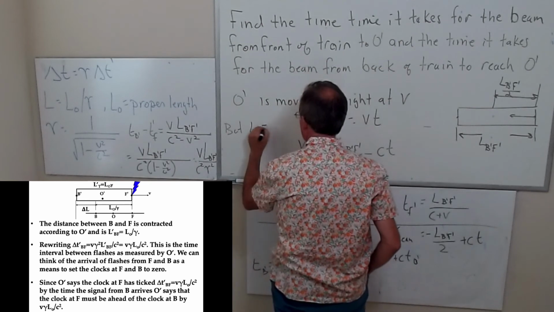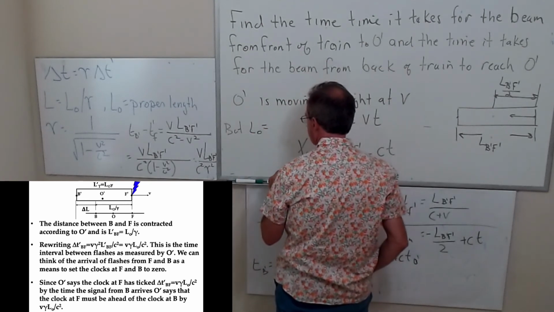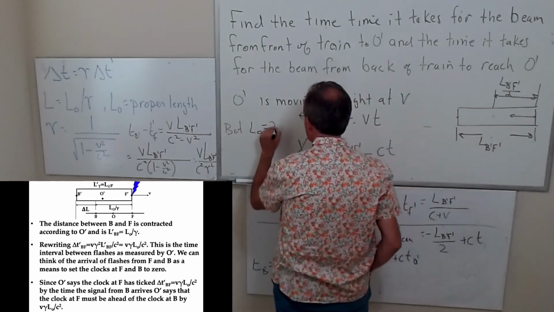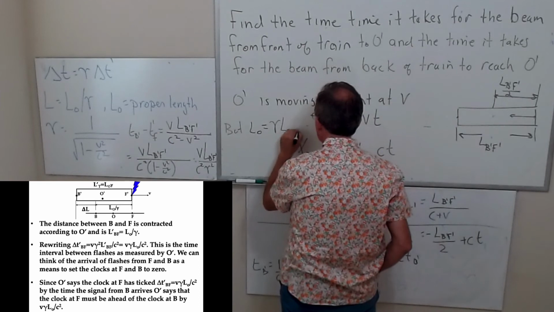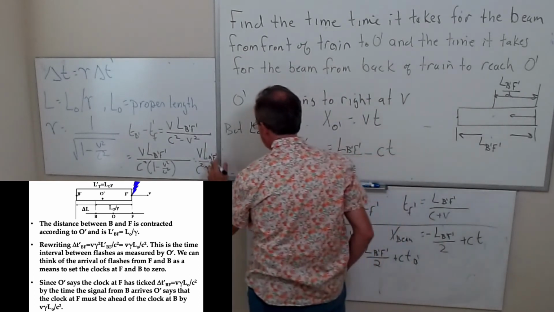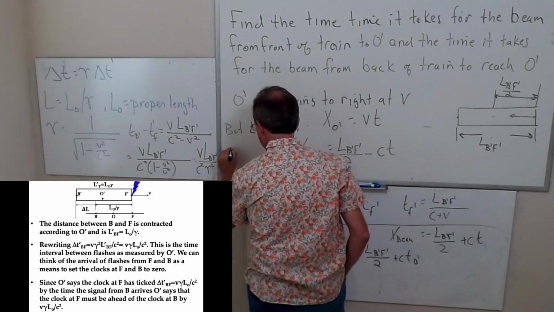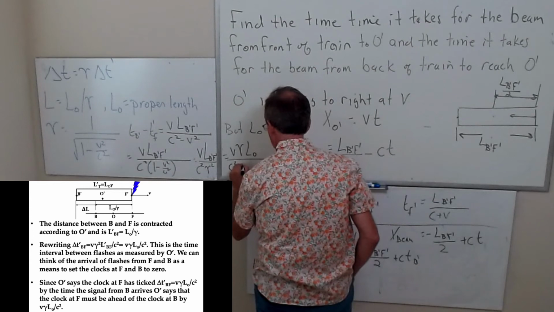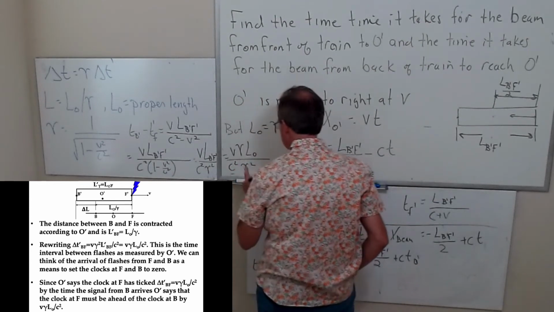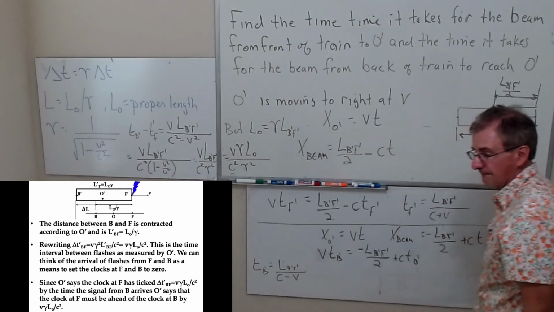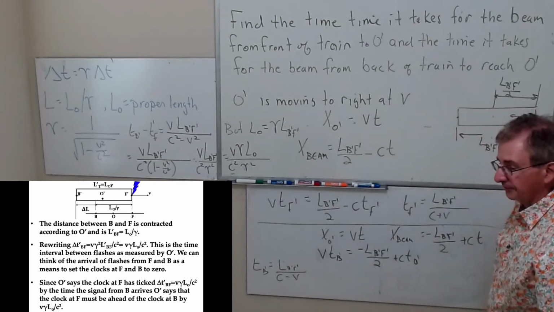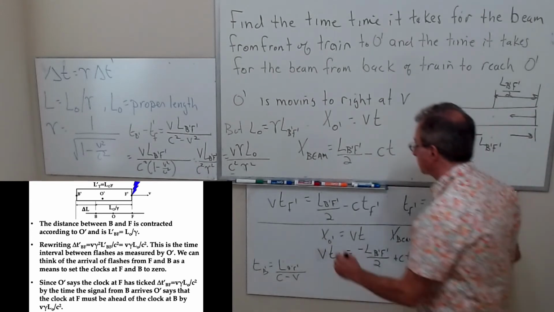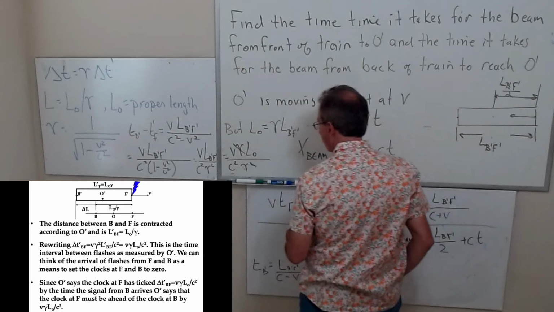L naught equals gamma times L sub B prime F prime. So we got to put a gamma in there. So what happens to one of the gammas? They cancel. Okay.